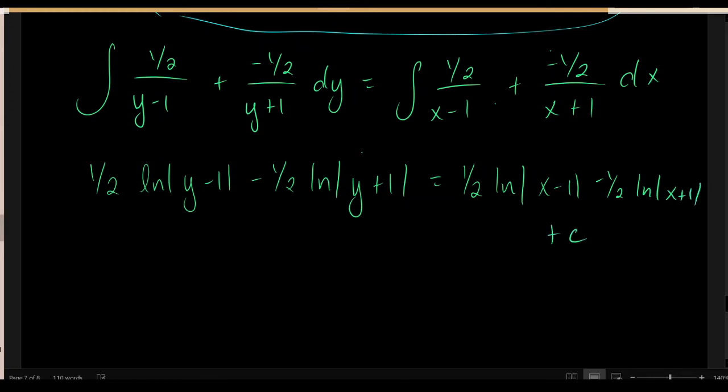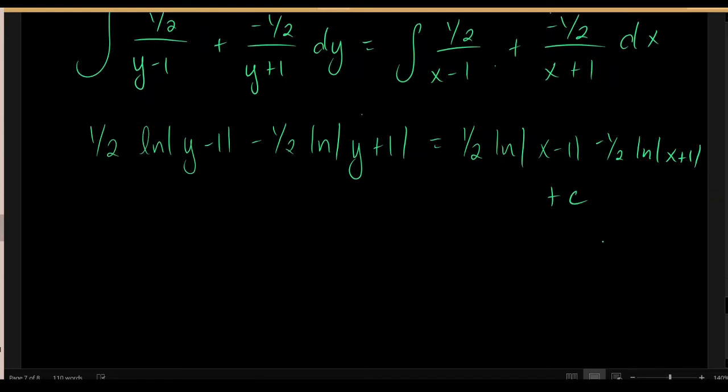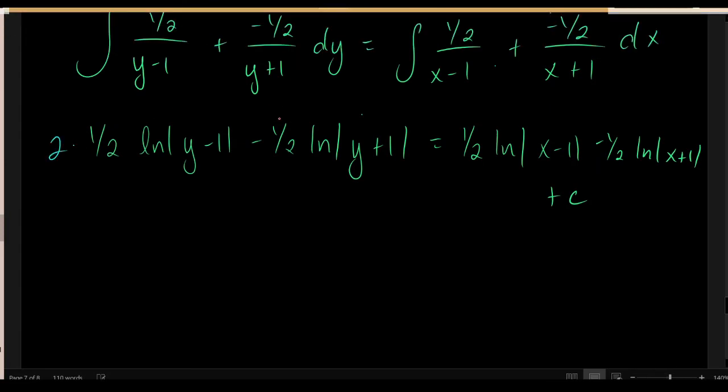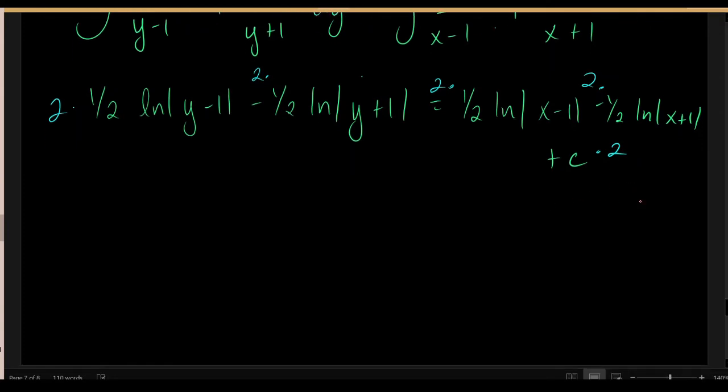Alright, that's a lot of halves, and that's a lot of natural logs. What I'm going to do is just multiply everything by 2, including the plus c, but technically that doesn't really matter because c times 2 is just a new arbitrary constant.